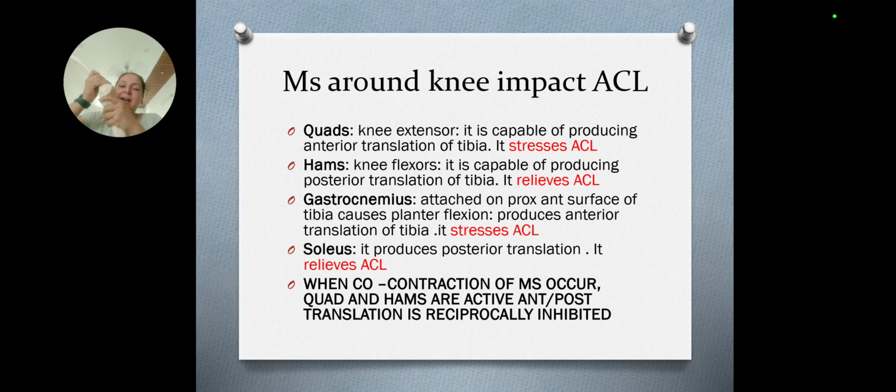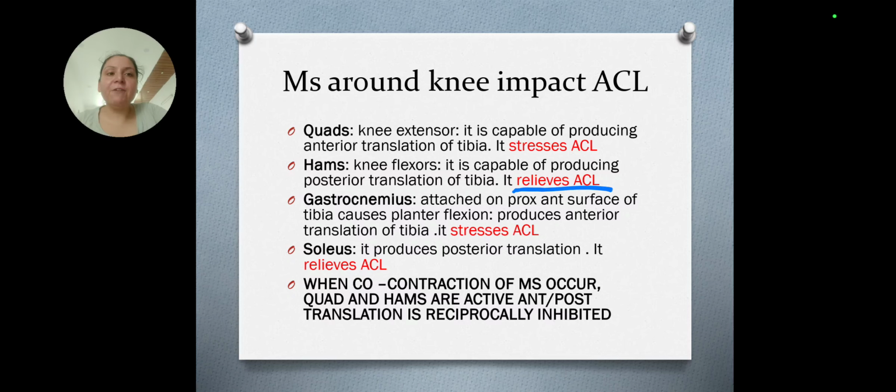So anterior gliding movement or anterior translation brings about a stress on the anterior cruciate ligament. You understand why? Because its anterior medial bundle is totally taut in that position. So it will not allow any anterior translation of the tibia. Whereas the hamstring muscle causes knee bending, and it causes posterior translation of the tibia. It relieves the anterior cruciate ligament.